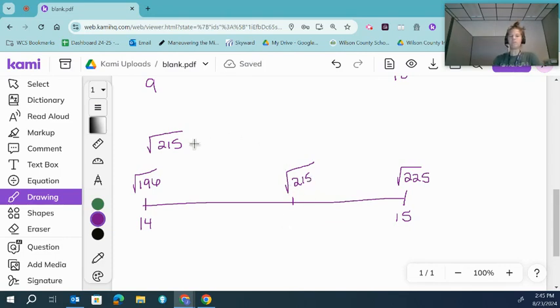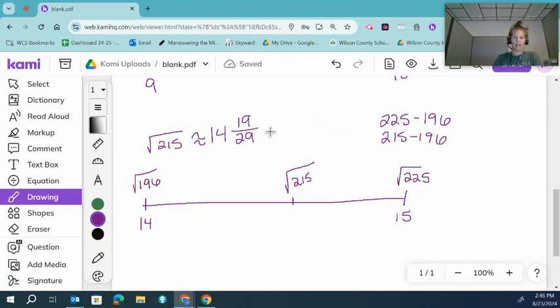So we know our whole number is going to be 14 here. Our denominator we're going to get by doing 225 minus 196, and that gives me 29. Then my numerator I'm going to get by doing 215 minus 196, and that is going to be 19.